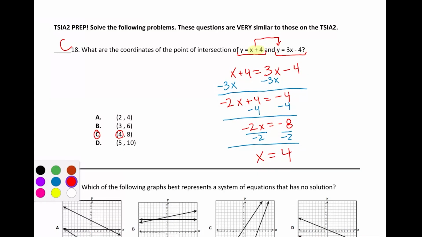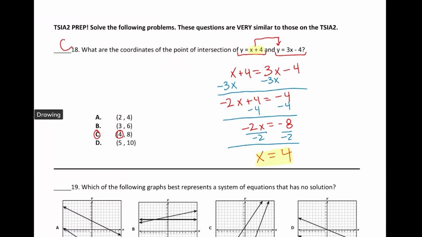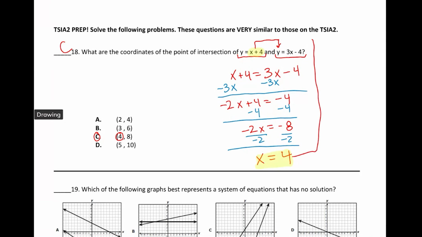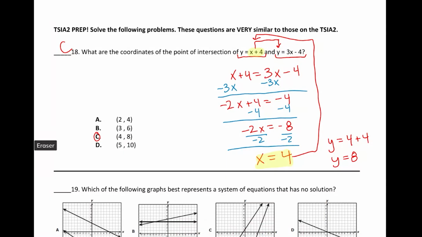We want to make sure that the y ends up being 8. So I take that x equals 4, and I could plug it into either equation, but actually that first equation looks a little simpler. There's less stuff going on there. And y is going to equal 4 plus 4, which sure enough is 8. So that checks out. Our answer is C.